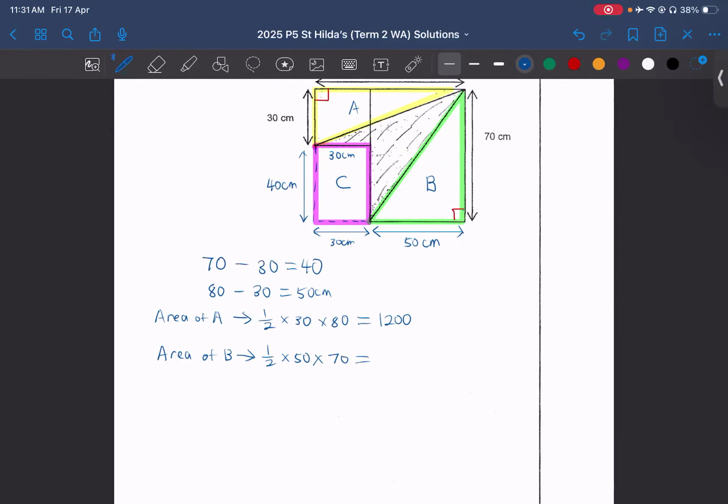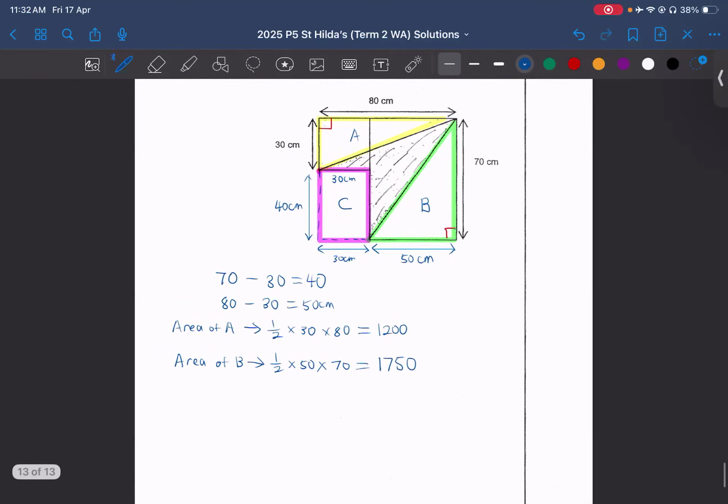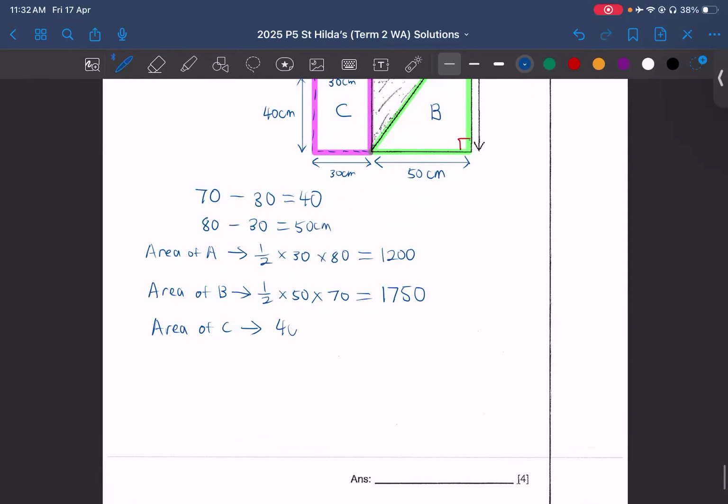So this will give me 1,750. Then we'll find the area of C now. Area of C is just a rectangle. We know the length is 40, the breadth is 30. So it's just 40 times 30, which is 1,200.